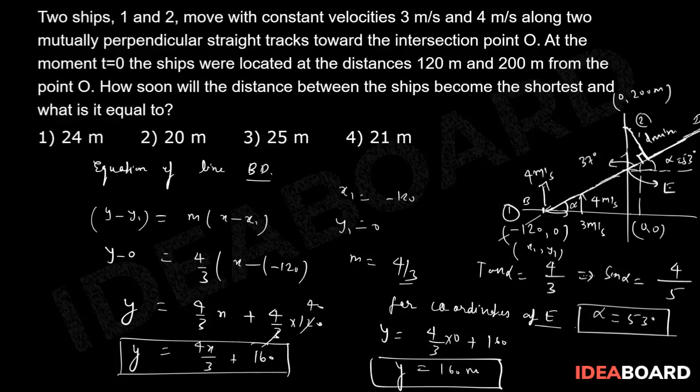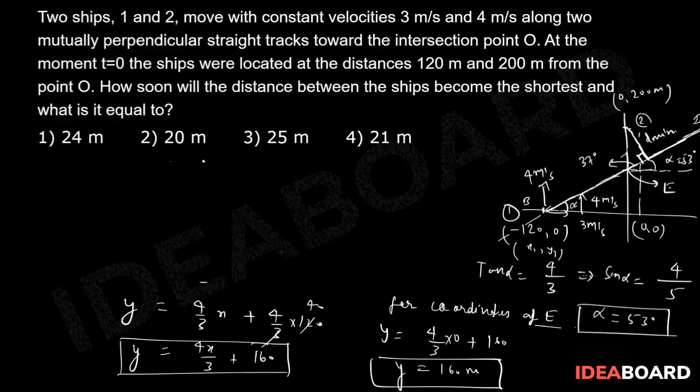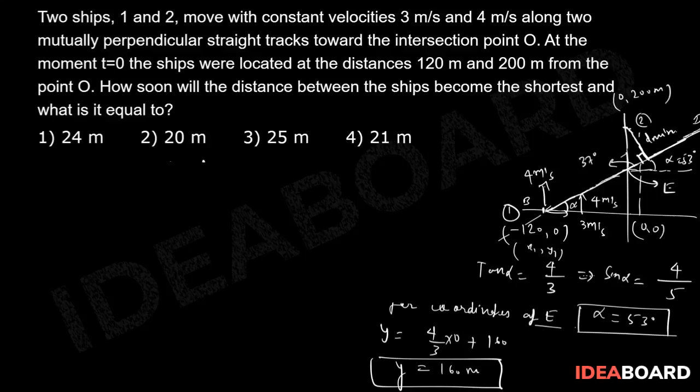Now you just need to see the diagram, which I am making in order to clarify things. Suppose that a little bit magnified diagram. This is 200, this is 60. This line is like this.